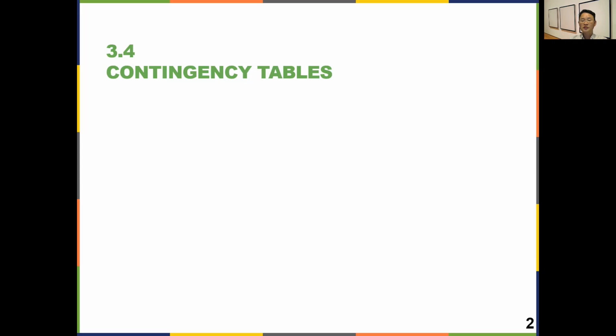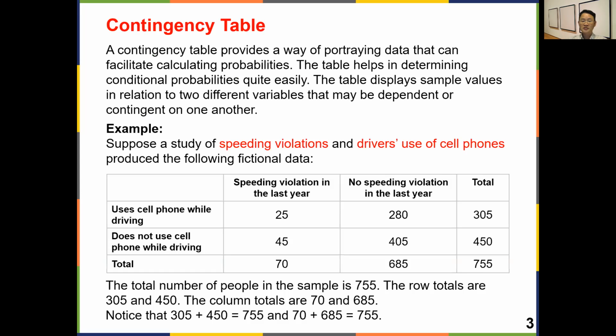And this chapter is about how we apply that type of concept in a question, especially when the question has a table form, right? Contingency table. So, without further explanation, let me just give you an example.